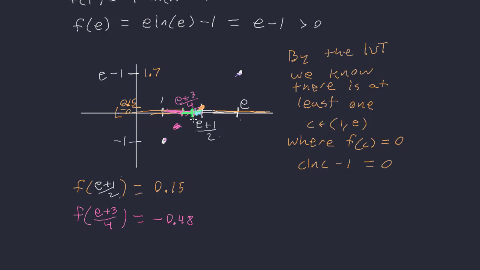Again, don't get too hung up on the numbers here, just the idea that we can continue to zero in, get these intervals smaller and smaller to get an approximation of where the function is going to cross.